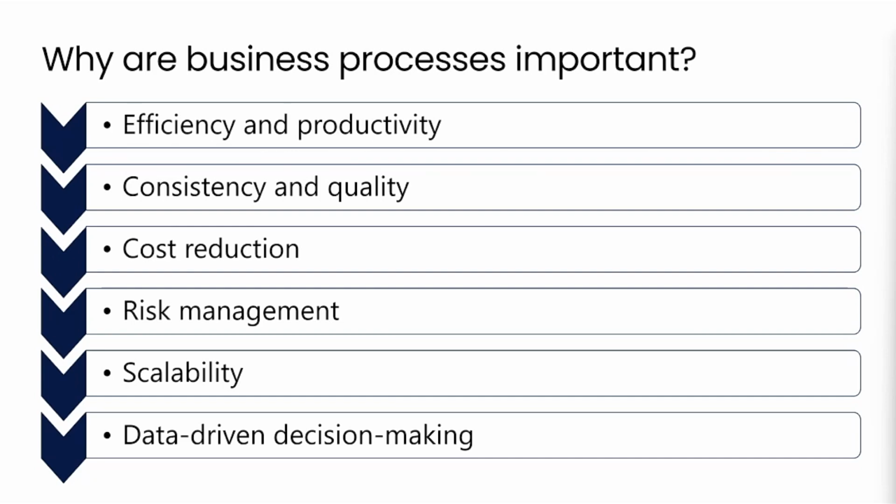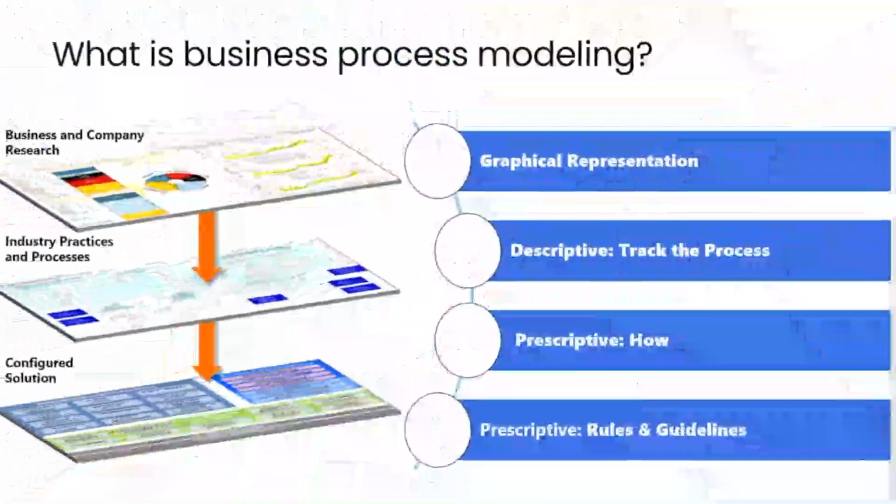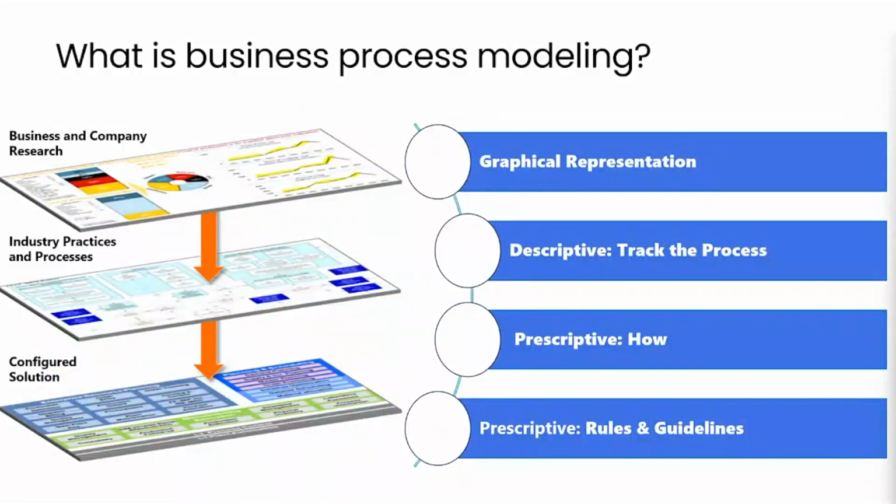And lastly is data-driven decision-making. Data-driven processes provide valuable insights for better decision-making in an organization. And when we have good processes, those decisions can be made off of good data, and we can make better decisions.